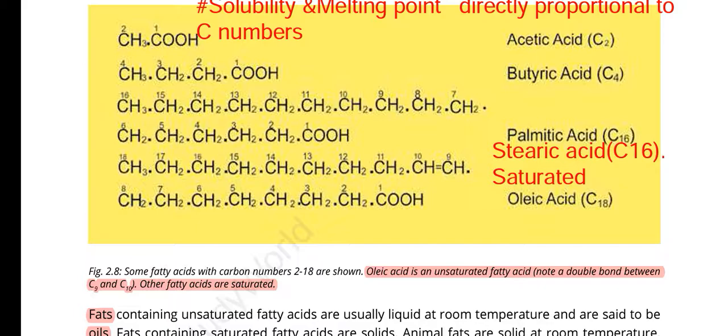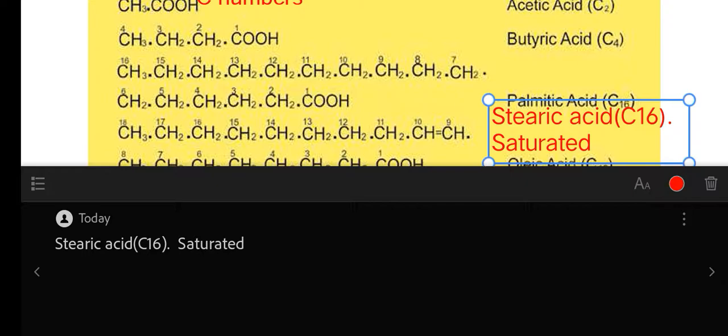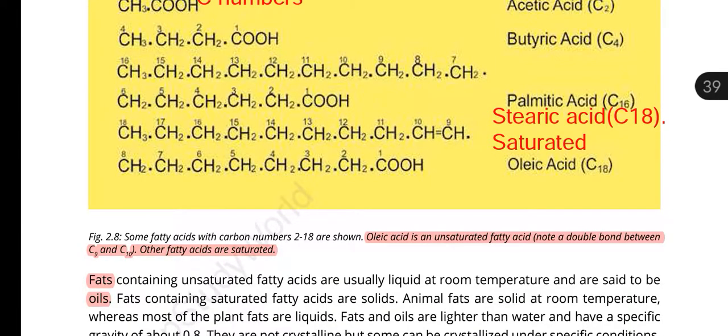And if 18 carbons are present and one double bond is present between carbon 9 and 10, it is called oleic acid. Sorry, here is stearic acid with carbon 18, not 16, actually 18, and saturated.